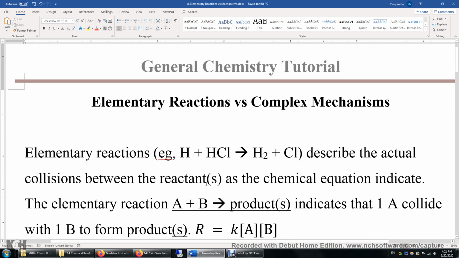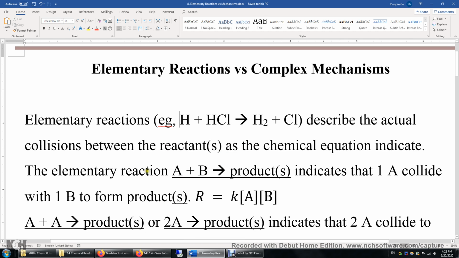Again, these elementary reactions describe the actual collisions between the actual numbers of reactants as the chemical equation indicates. If you see 1 H here and 1 HCl here, in the real reaction, you have 1 H atom attacking 1 HCl molecule.